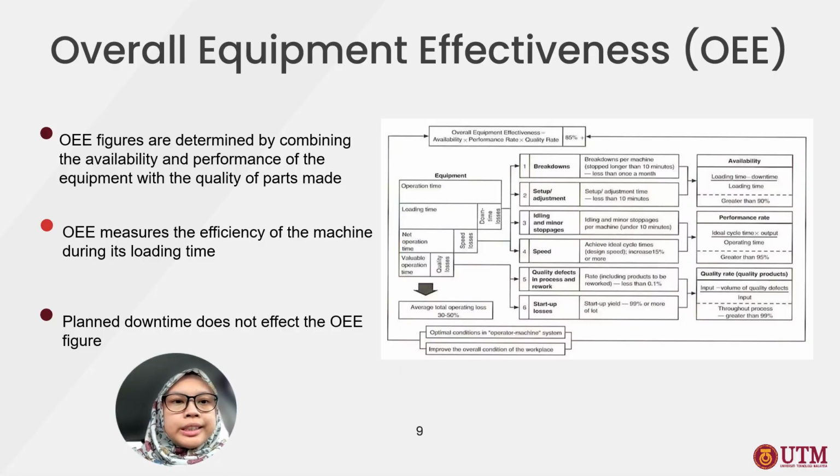OEE figures are determined by combining the availability or performance of the equipment with the quality of parts made. OEE also measures the efficiency of the machine during its loading time. Planned downtime does not affect the OEE figures. Here is a picture regarding the OEE calculation.